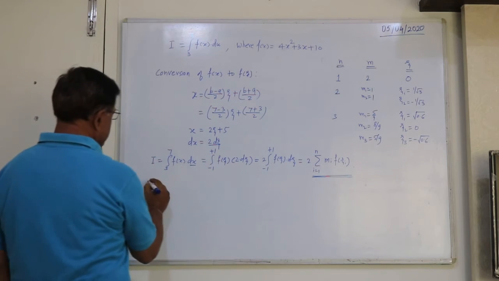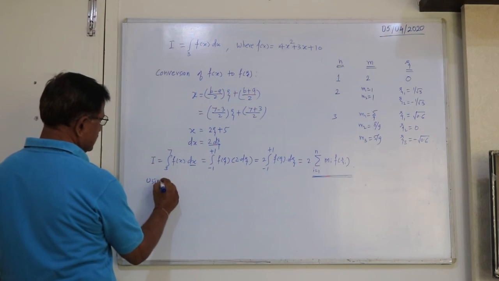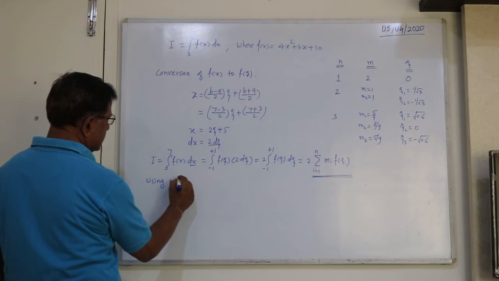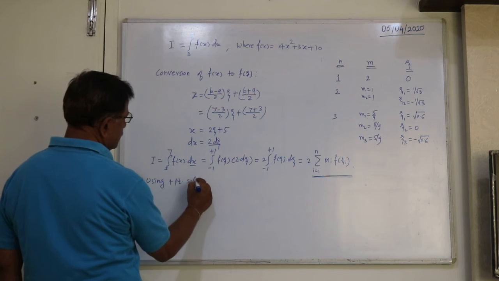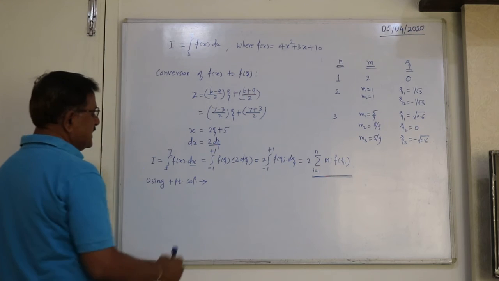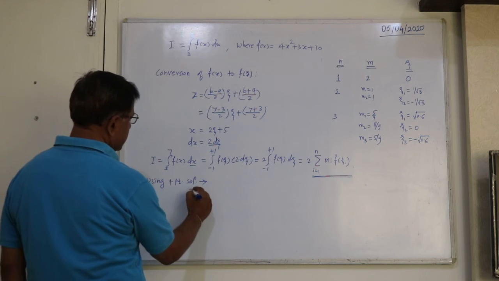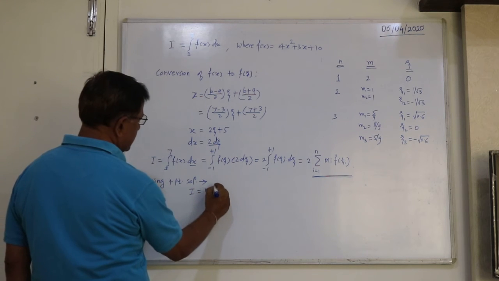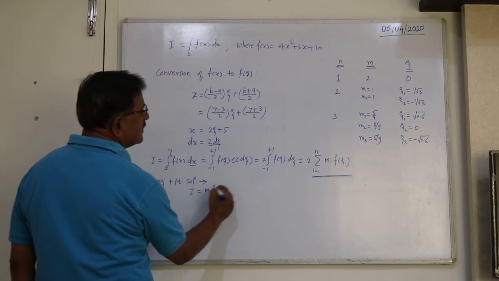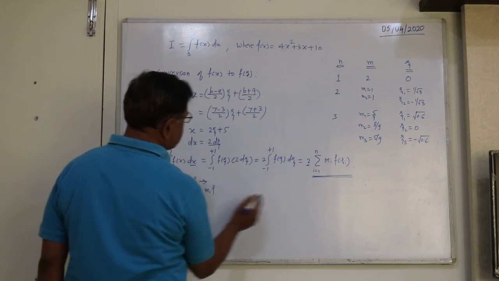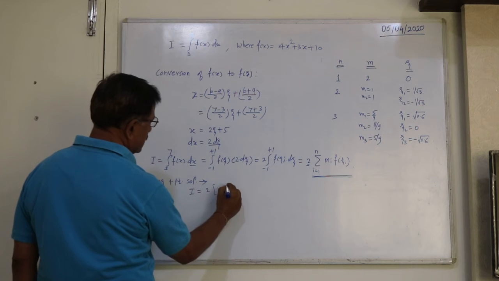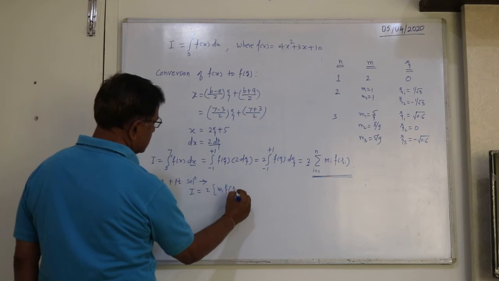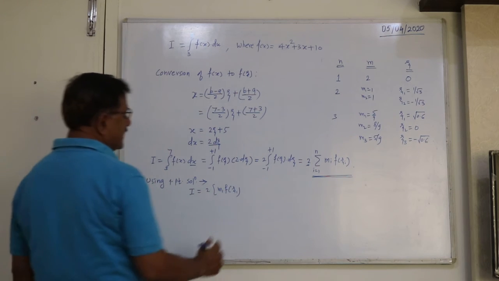Now, using the 1-point Gauss point solution, I is simply 2 into bracket m1 f of xi1, where 2 is there in the basic formula. Now what are m1 and xi1?